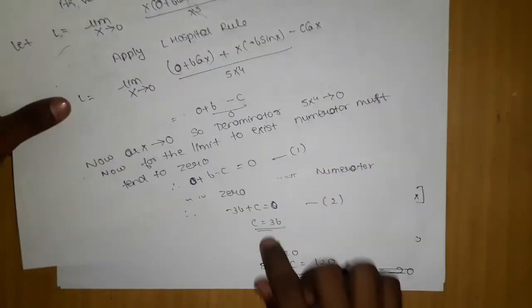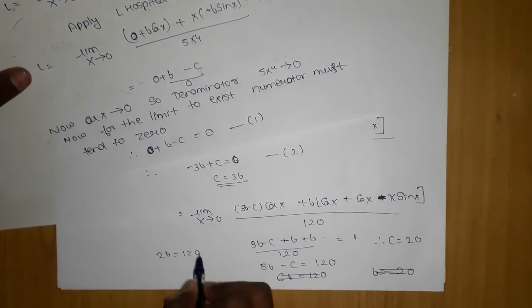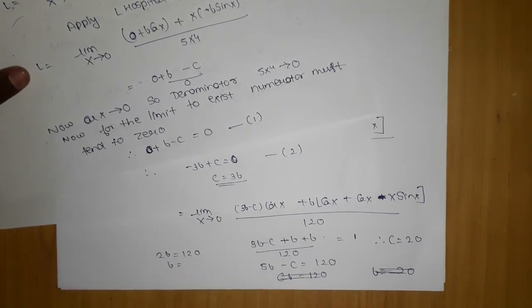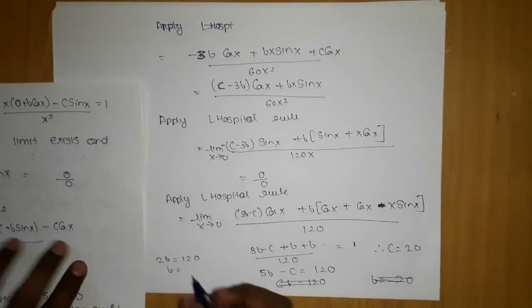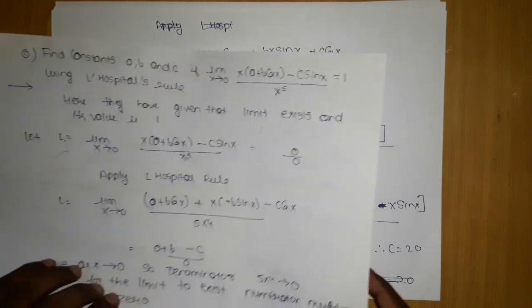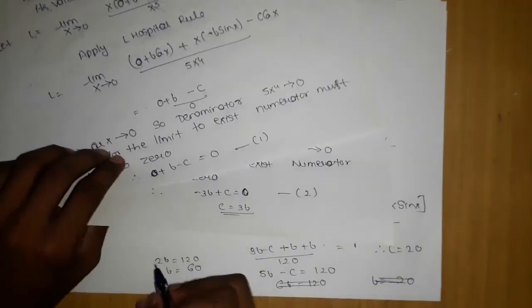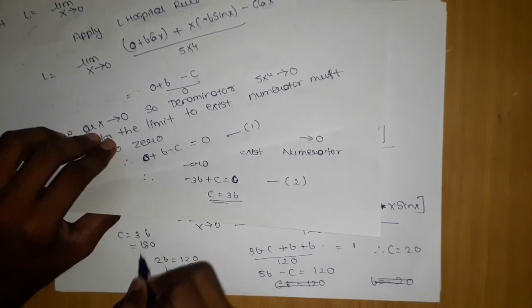C is 3 times b. So 2b equals 120, giving me b equals 60, and if b is 60, then c will be 3 times b, which will be 180.